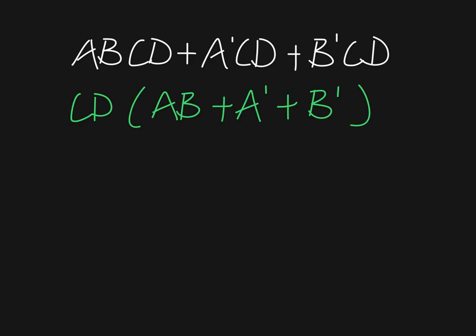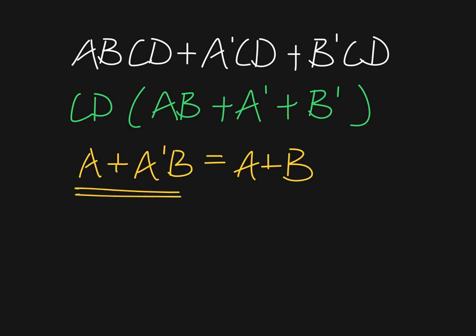The rule states A plus A'B is the same as A plus B. Now, does that pattern resemble anything here? It actually sort of resembles this. The only difference is that this A is NOTed and this A isn't.